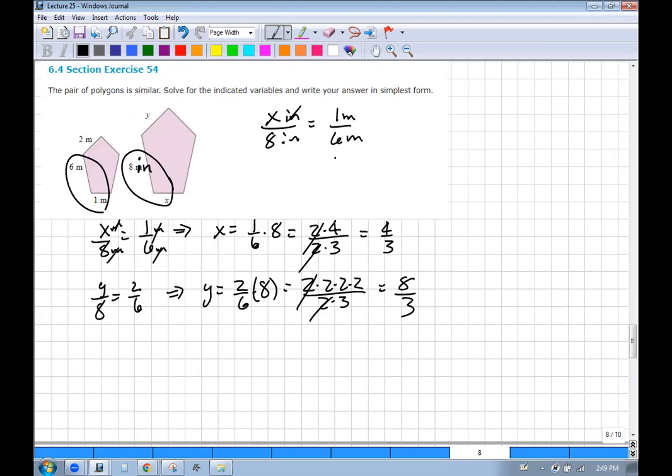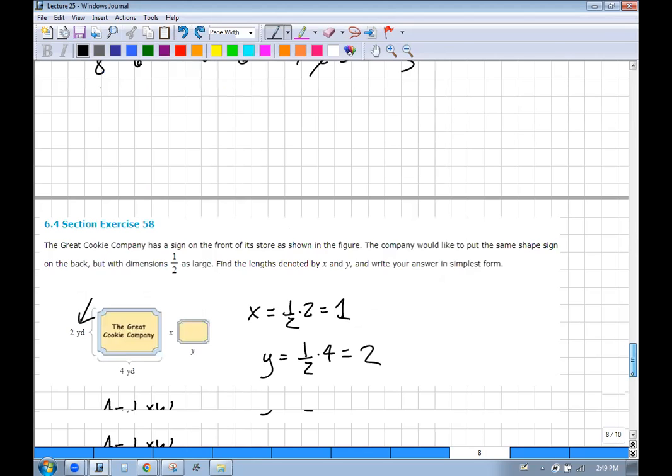The inches and the meters cancel out. You have exactly the same thing. Okay. So even though they drew this bigger, what if it was actually smaller? Because we're talking about inches. So as long as all the units over here are the same and all the units over here are the same, the ratios will still hold.